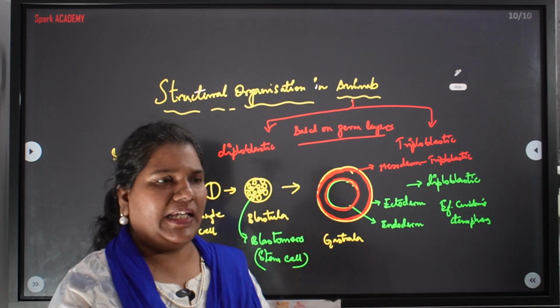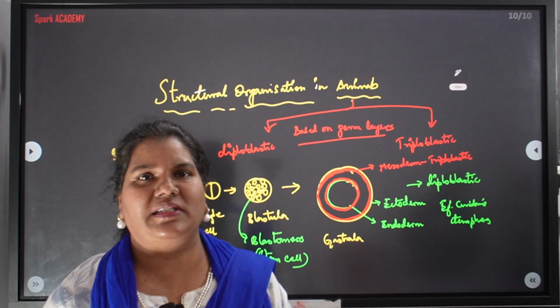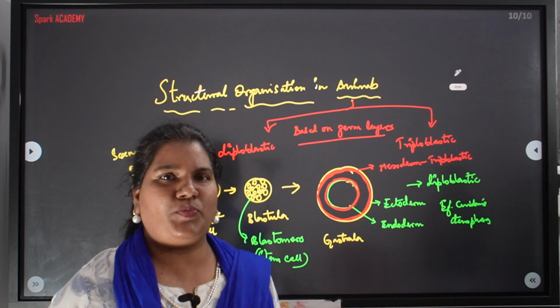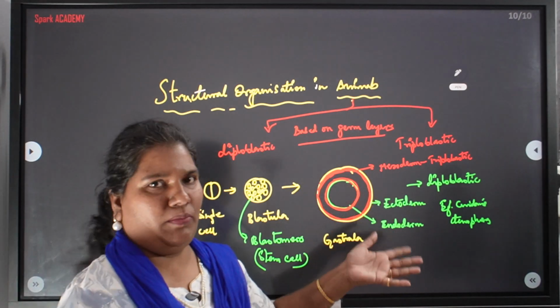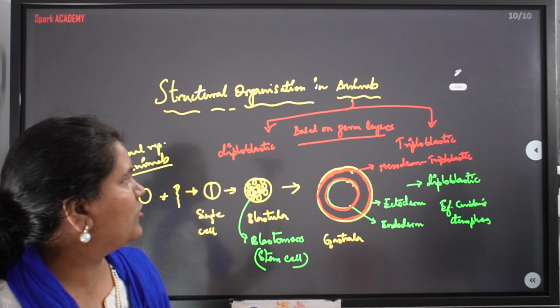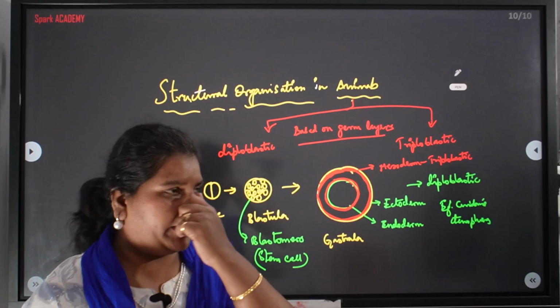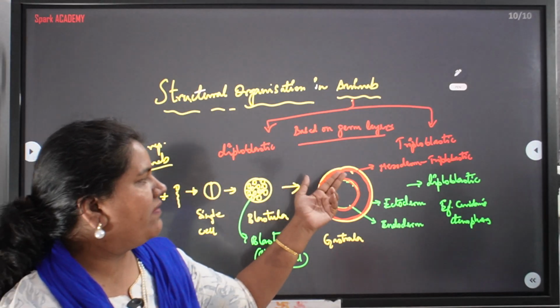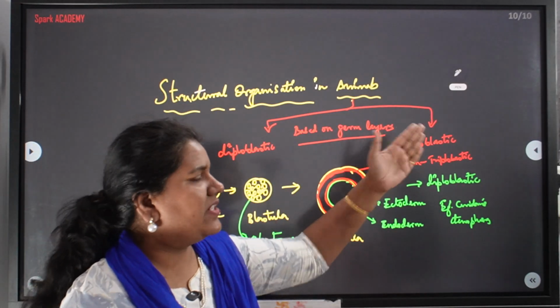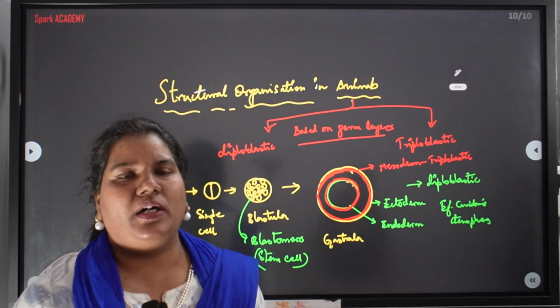So each germ layer gives rise to different tissues and organ systems in our body. That is the speciality of these germ layers. So based on the germ layers, we have two types of animals, diploblastic and triploblastic. Remember, in diploblastic we have Cnidaria and Ctenophora, and in triploblastic we have platyhelminthes to chordates.